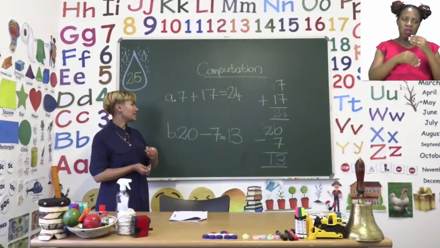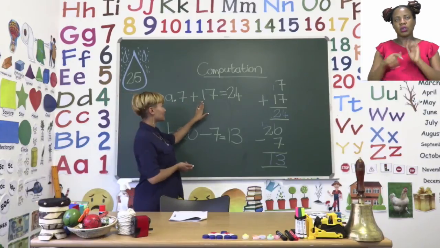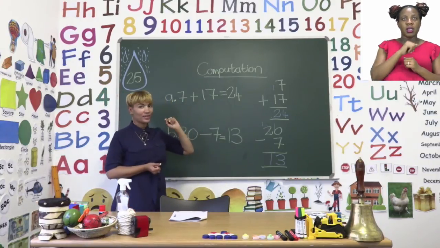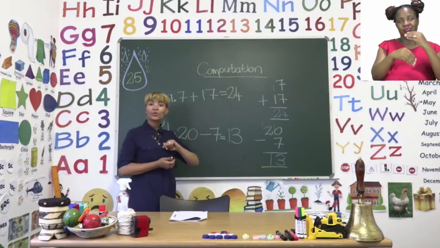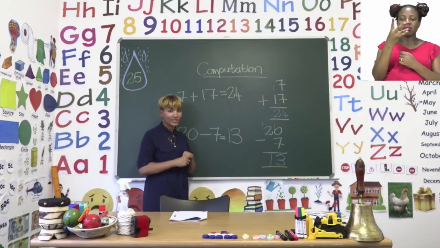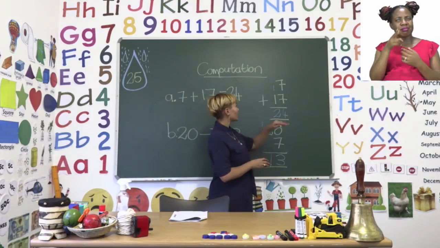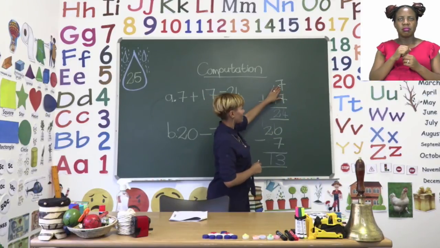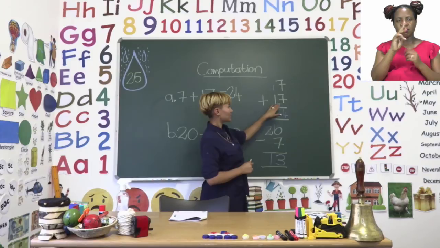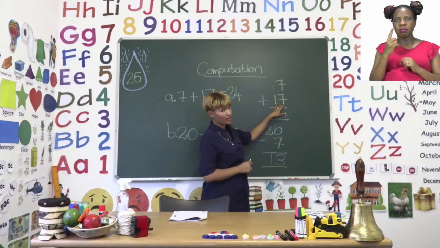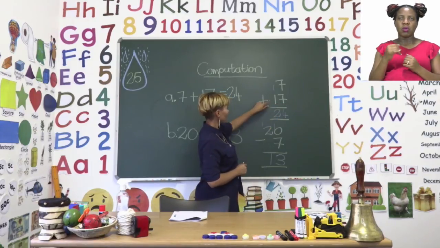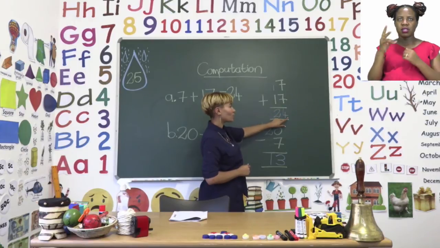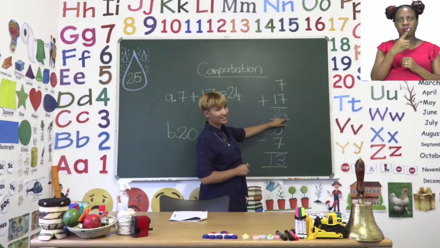So A is 7 plus 17. Right. Now how do we work out 7 plus 17? So over here I wrote it underneath each other. So we say 7 plus 7, all the units we add together. 7 plus 7 equals 14.